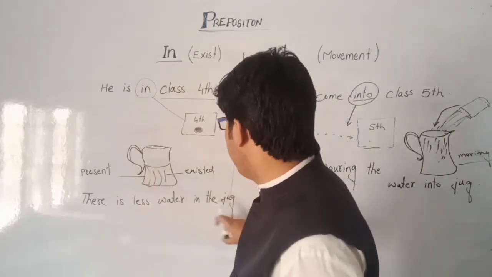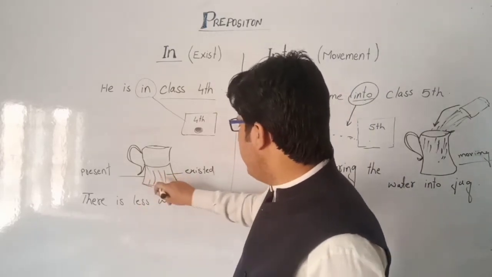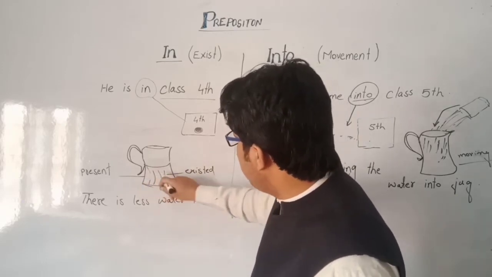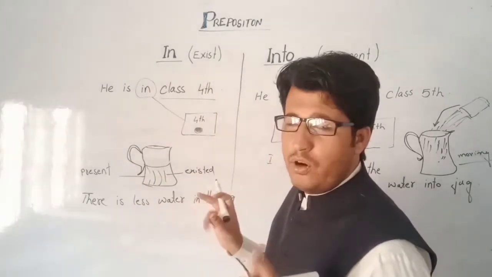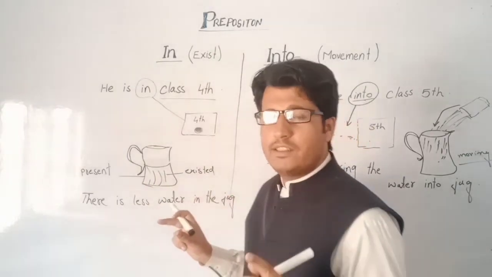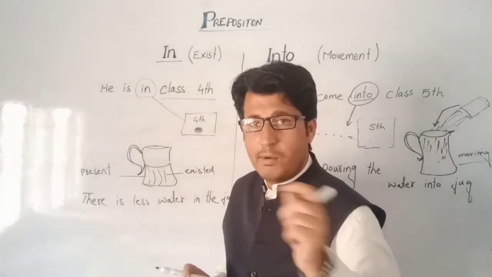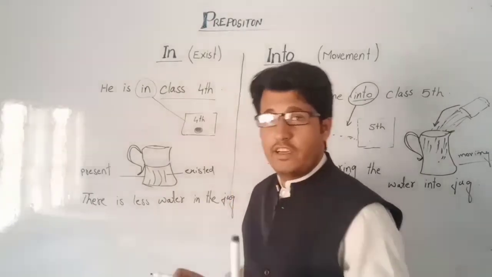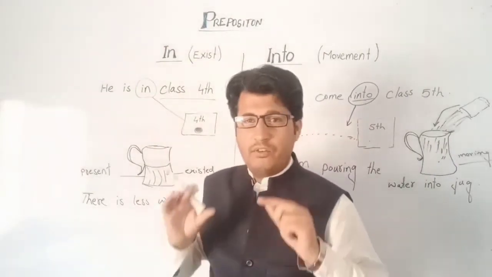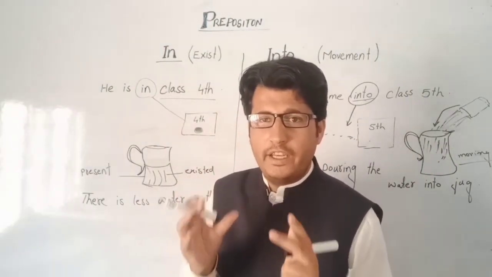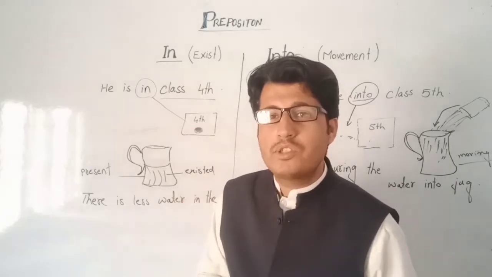There is less water in the jug. We know that a little amount of water is present in the jug. I am talking about what is present in the jug. If water is present or exists in something, any object, then we use in.